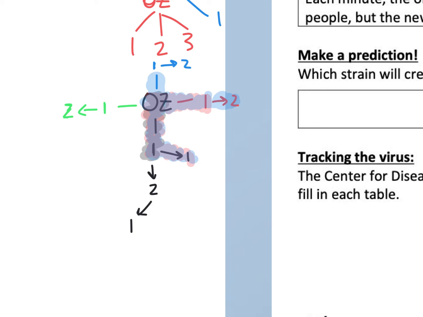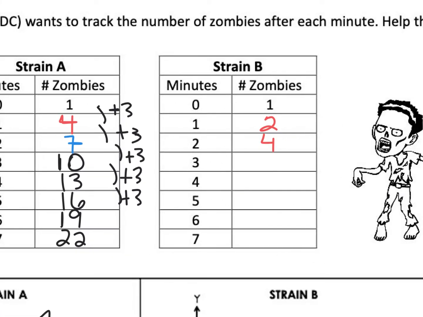This one infected this one and this one. So we're at 1, 2, 3, 4, 5, 6, 7, and 8, right? So here's my 8.